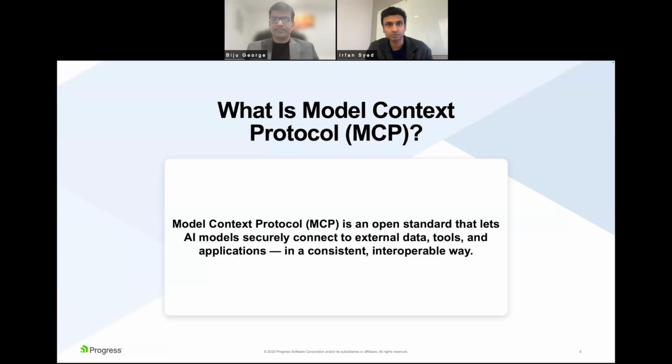What is Model Context Protocol? Model Context Protocol is an open standard that lets AI models securely connect to external data sources or tools or applications in a consistent, interoperable way.